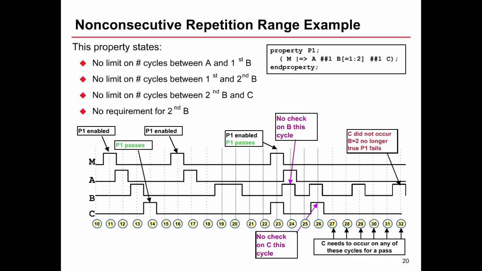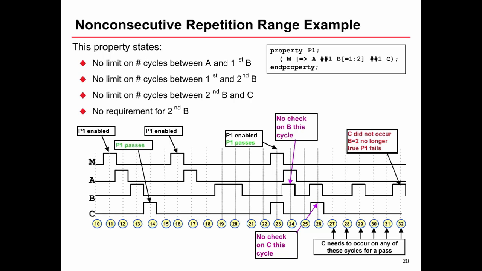We'll now go through a further example of non-consecutive repetition in order to reinforce our understanding. What we have here is a series of waveforms which demonstrate when properties pass and when they fail. Given the property up here, M implies we have A followed by between 1 and 2 not necessarily consecutive repetitions of B followed by C. So there is only non-consecutive repetition we've got to care about here.